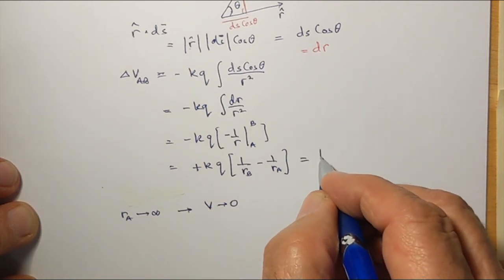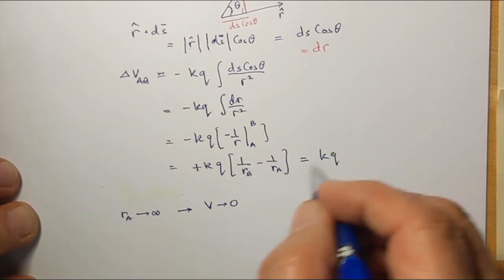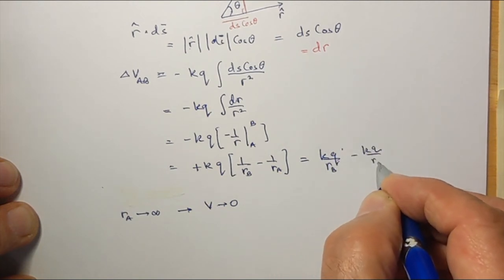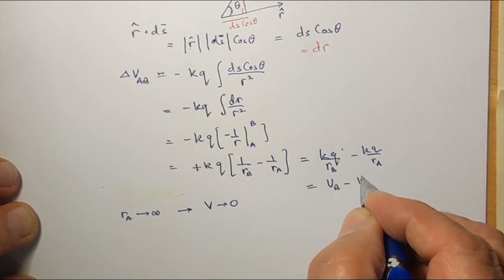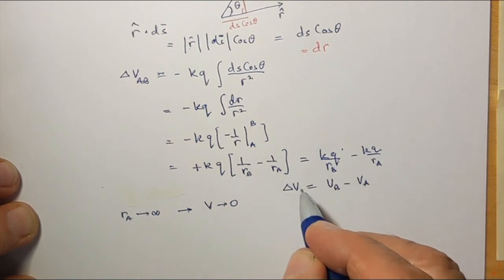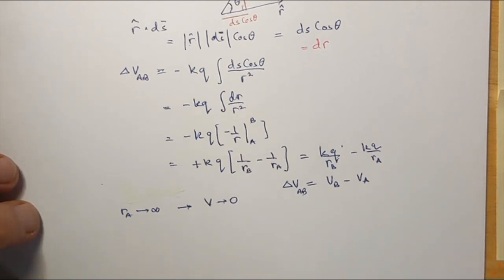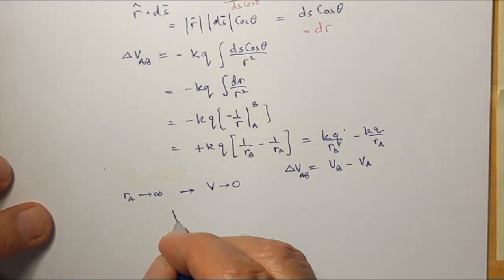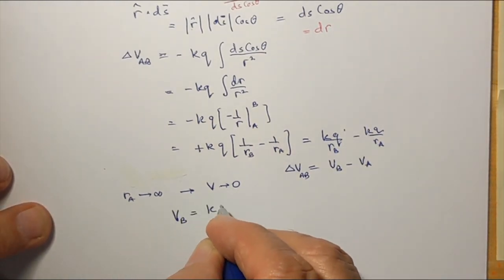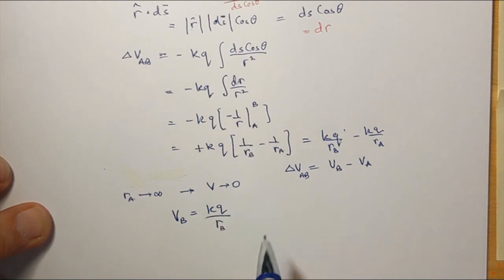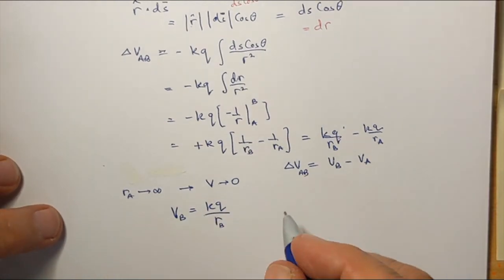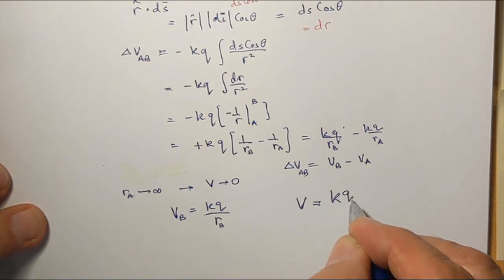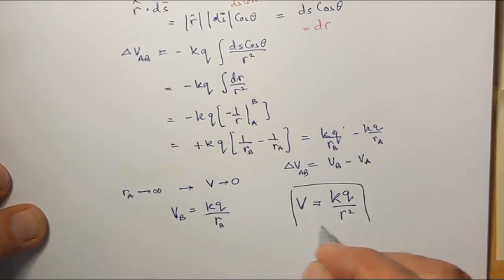Well, this could also have been written as kq over rb minus kq over ra, or V at b minus V at a. So that would be the delta V from a to b, Vb minus Va. And Va over here is taken as 0, and therefore the potential at b is simply kq over rb. And so that is our general equation, that the potential due to a point source, a point charge, is kq over r.